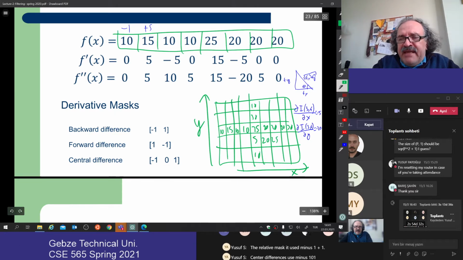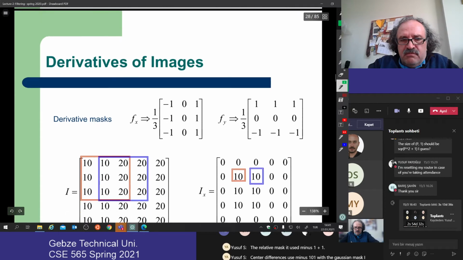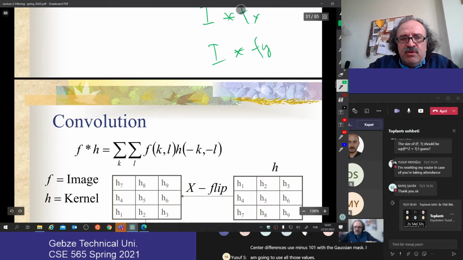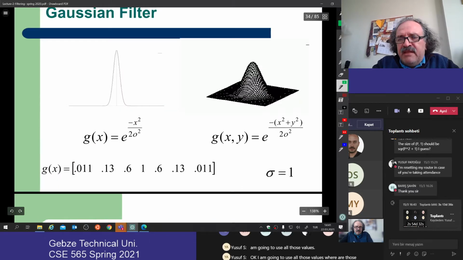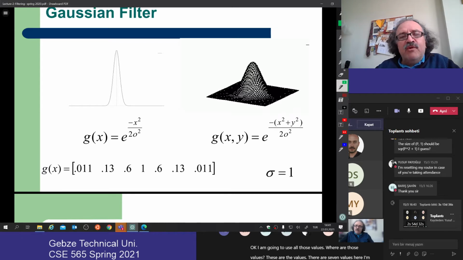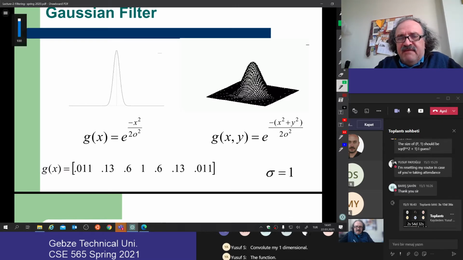With the Gaussian mask, I am going to use all those values. Where are those values? These are the values. There are 7 values here. I am going to convolve my one-dimensional function with these values.